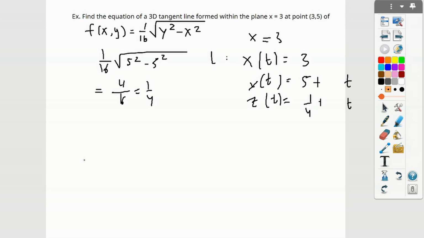What does f sub y tell you? The slope of the tangent line measures that for every 1 change in y, you get f sub y change in z.